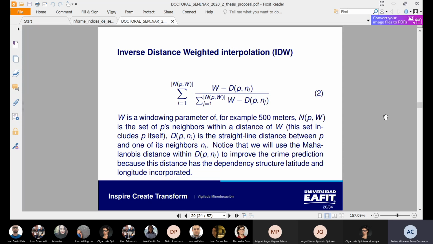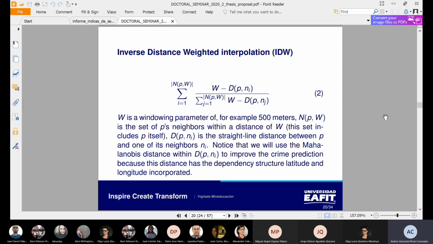We make an epsilon around 500 meters, that is W_i, and I give more importance or more value to points that are close to me.